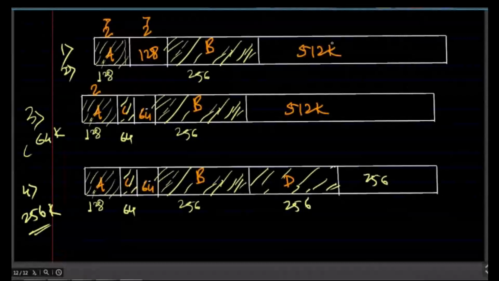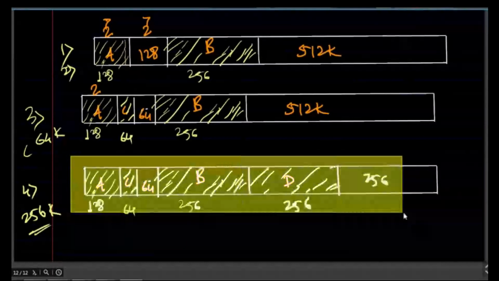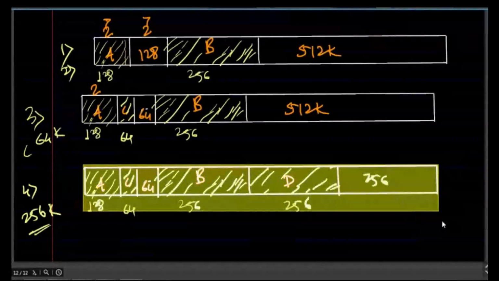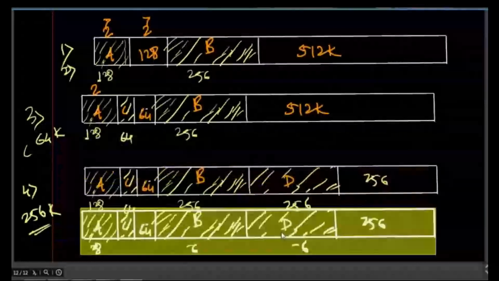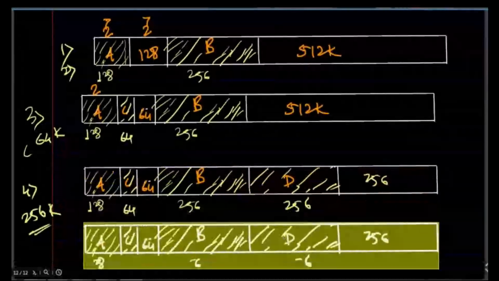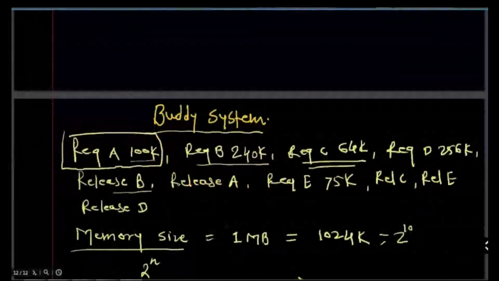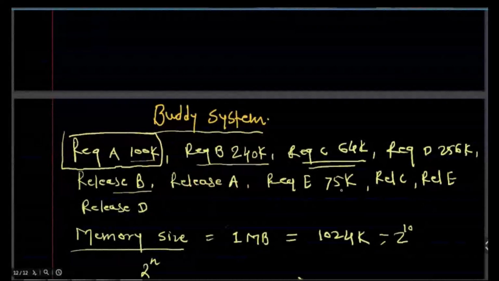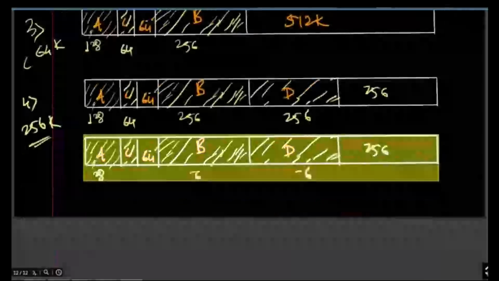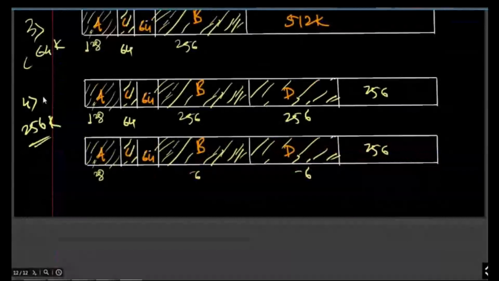Okay, now next request is, so what is the next request? Request D, then release B, release A, release C. So this is a request.